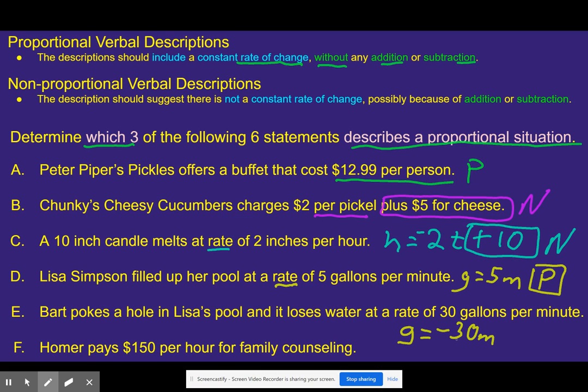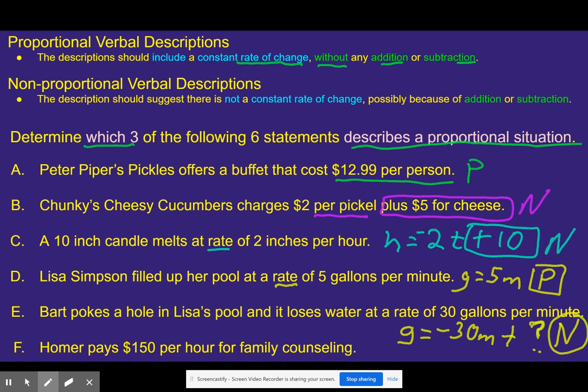Think about the situation. How can you be losing 30 gallons per minute unless you started off with some number of gallons? There has to be something already in the pool in order for you to lose it. So this is one of those context ones that you've got to look out for. This is actually not proportional, because the only way you can lose water is if you have some water to start with. And if we start with a value other than 0, 0, it's non-proportional.